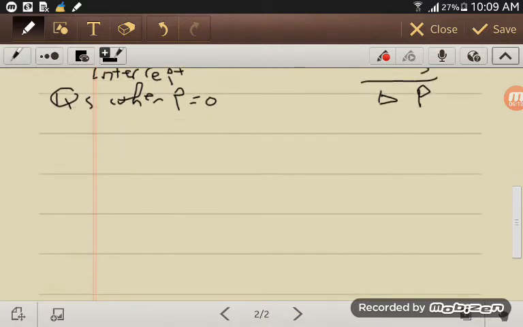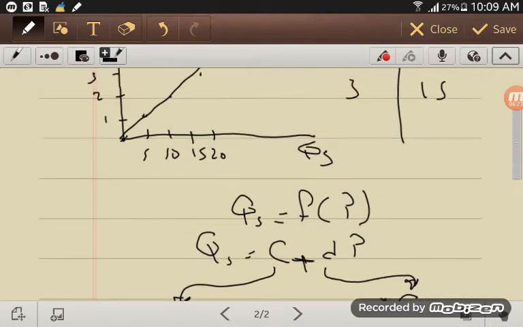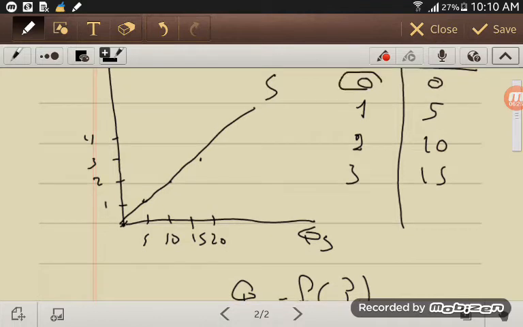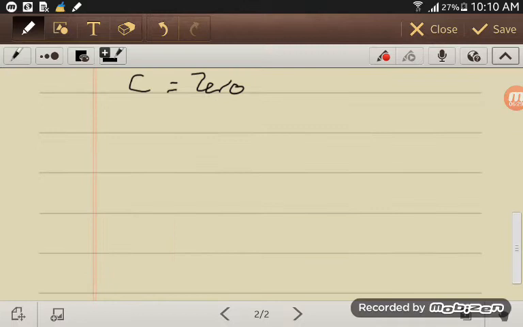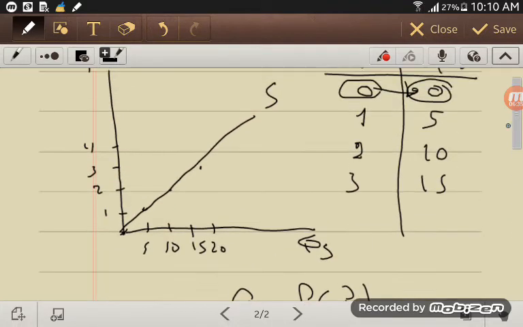From the schedule, we can write C equals 0, because when price equals 0, quantity supplied is 0. With respect to D, the change in quantity supplied, 5 minus 0, or 10 minus 5, or 15 minus 10, any one of them.